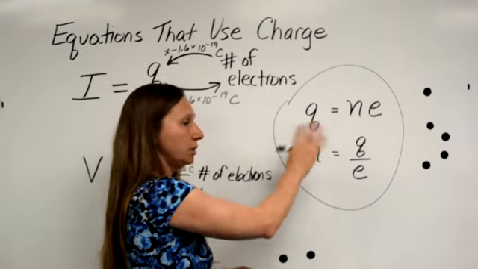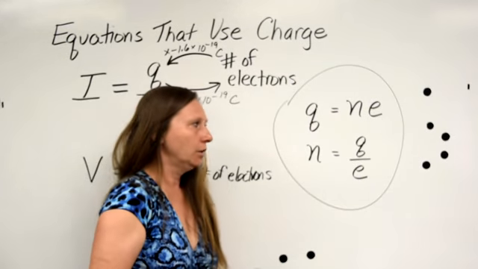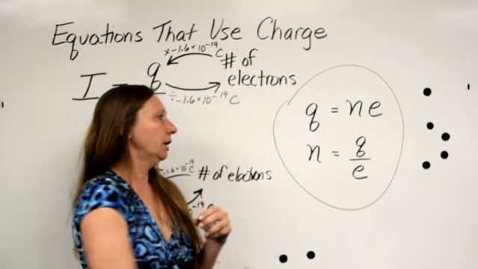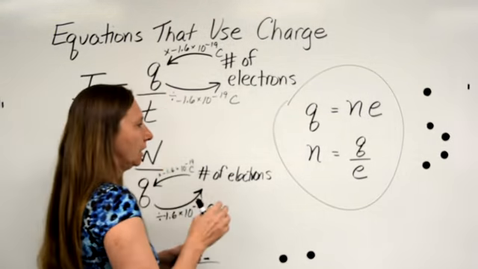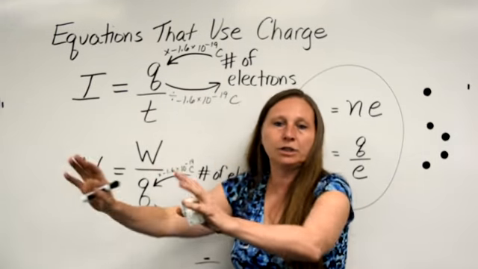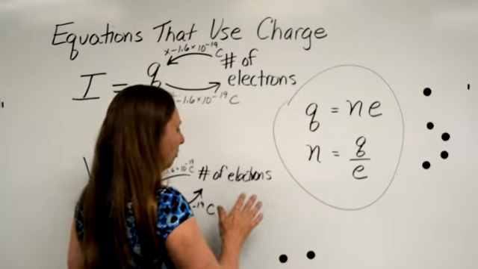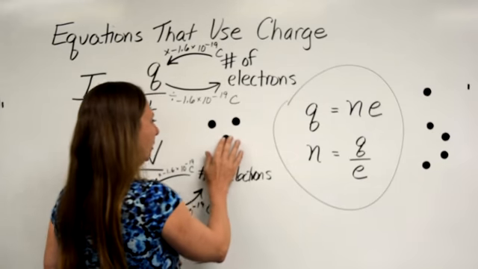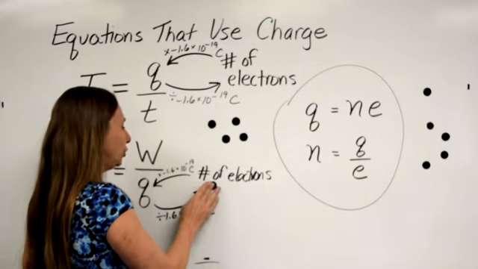But just in case it was a little fuzzy, I hope that starting the current electricity topic with a little review, some cute little analogies and a cute little equation that, as far as I know, doesn't exist in any book anywhere, will help you go right into current electricity without any confusion, understanding how much charge each electron has, and how to figure out, if you have a certain number of electrons, what the total charge is.